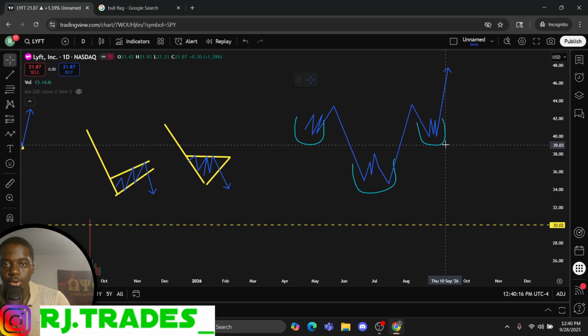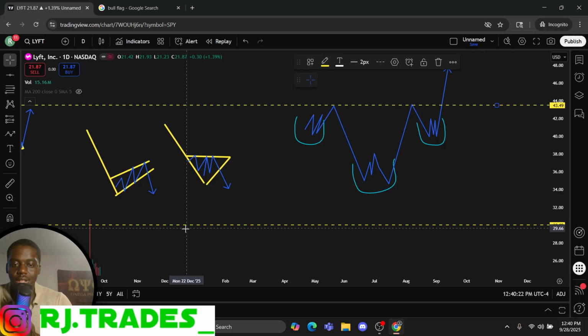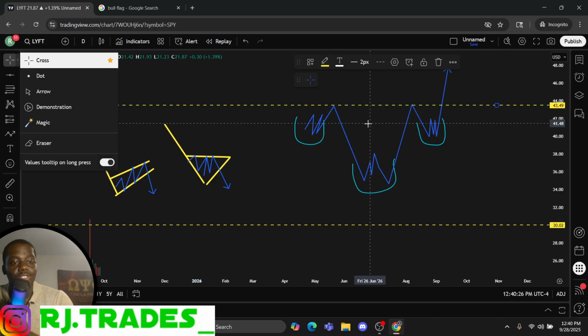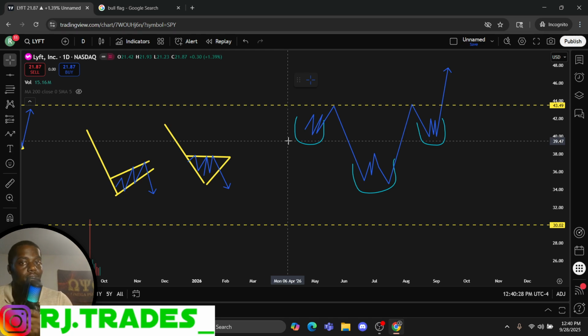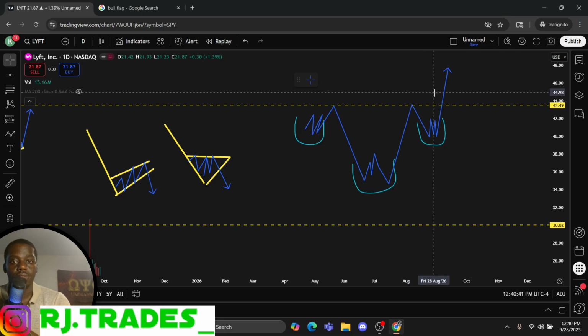This is the inverse shoulder, and a neckline. Notice I said chart patterns are made up of combinations of levels and trend lines, or a combination of just trend lines. Once it breaks the neckline, aka the resistance, it's gonna go.